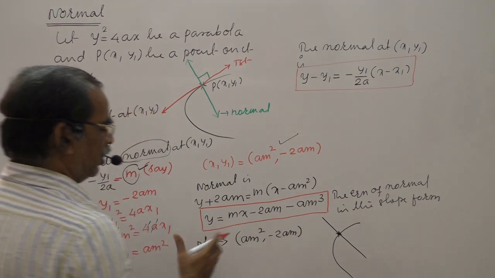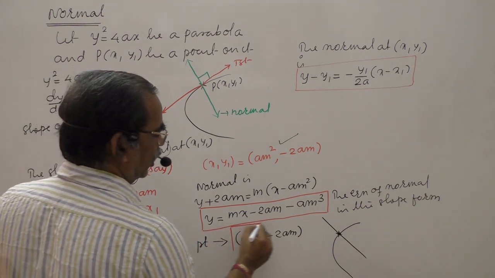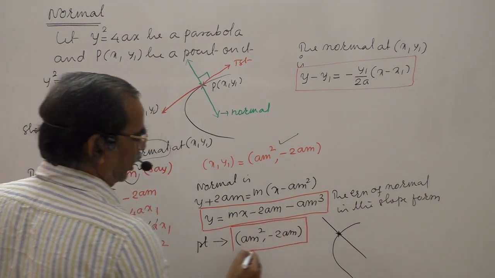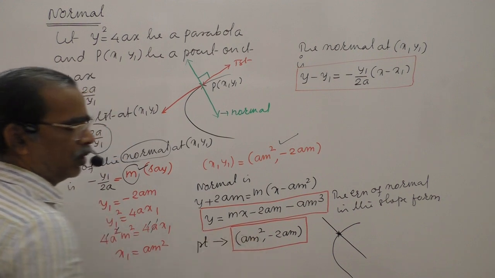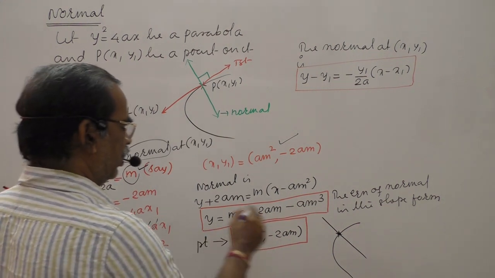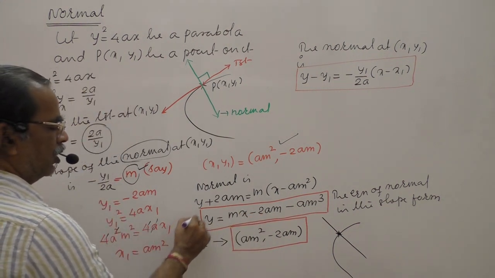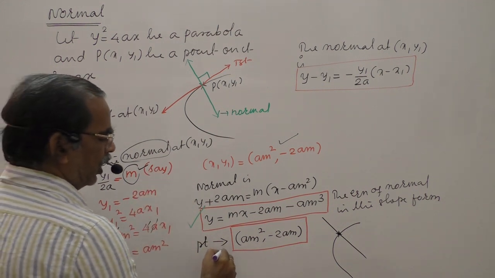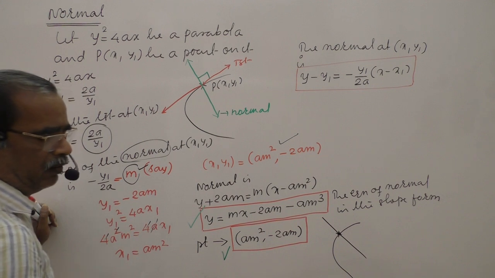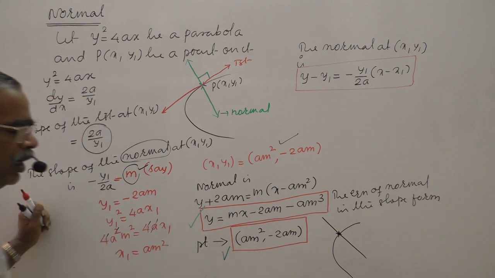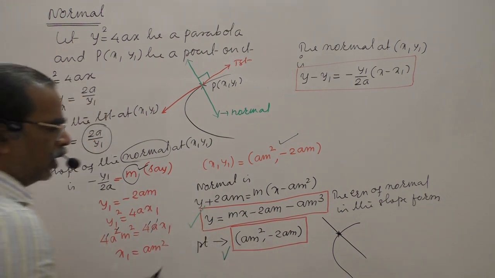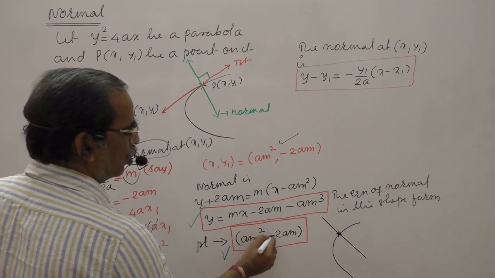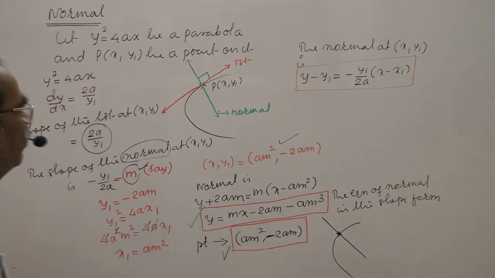This is the equation of the normal in the slope form, and this line is normal at the point (am squared, minus 2am). Both are important formulas and should be remembered. They are very, very important in objective exams.